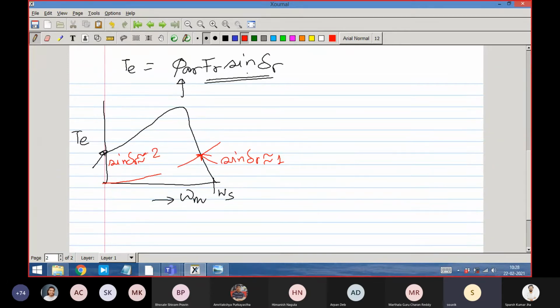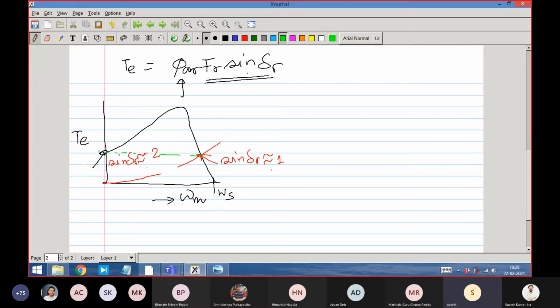So you can see one interesting thing: torque wise, these two points are almost the same. These points, steady state torque, isn't it? Torque wise, they are almost the same. But since sine delta R is 1 here and 0.2 here, the current is much higher.